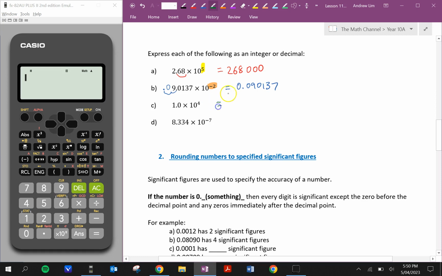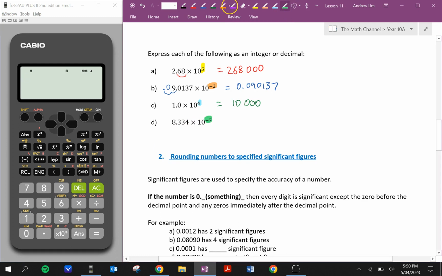Alright, question C. We're going to move it to the right 4 times. If we move it to the right once, we'll get 10. So we need to move it to the right 3 more times, so 3 zeros. In question D, 8.337 times 10 to the power negative 7. We need to move it left 7 times.